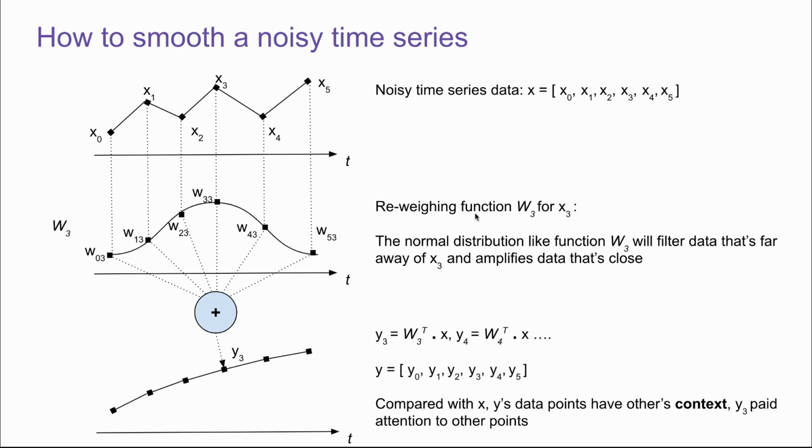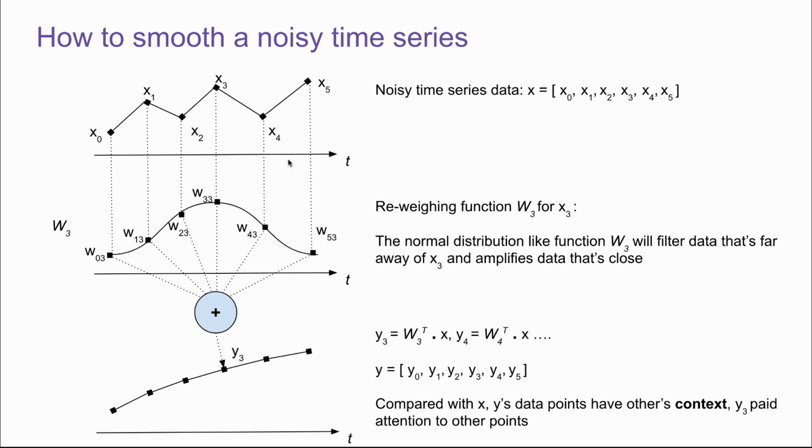Now we have a reweighing function, we call it W3 for X3. It's a normal distribution-like function. What it does is it will filter data that's far away from X3 and amplify the data that's close.